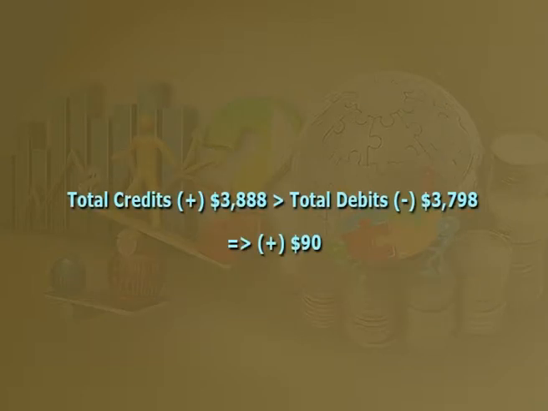As we can see here, total credits of positive $3,888 billion exceed overall debits total of minus $3,798 billion by positive $90 billion.